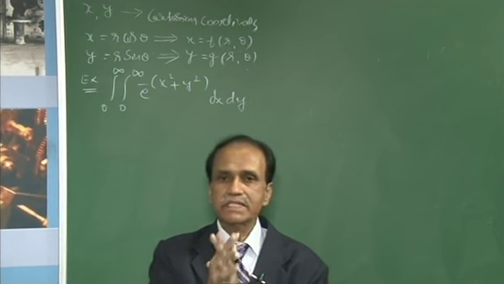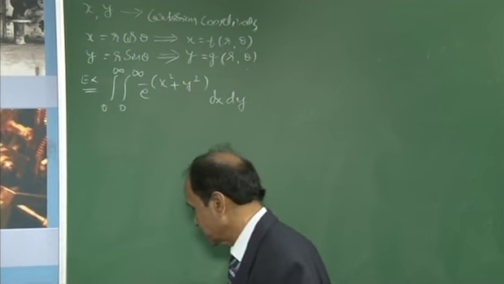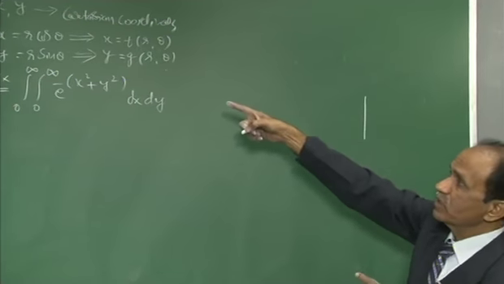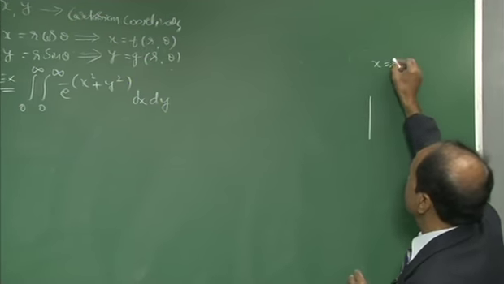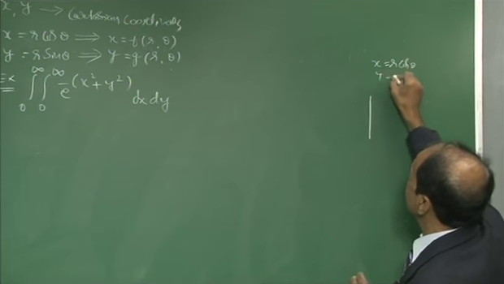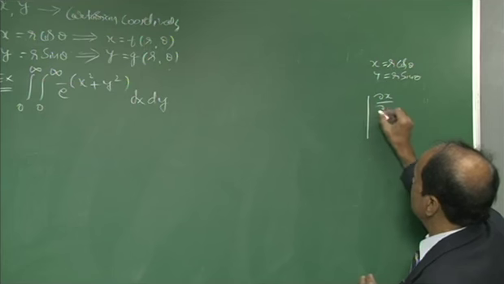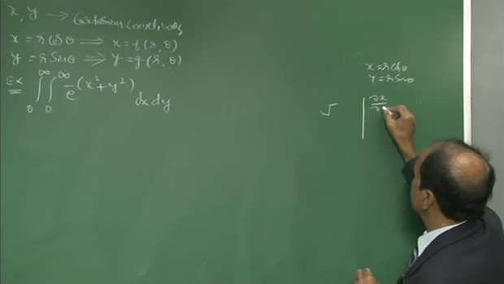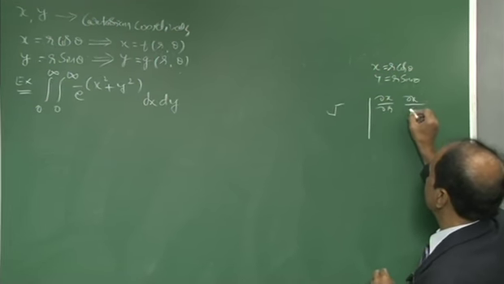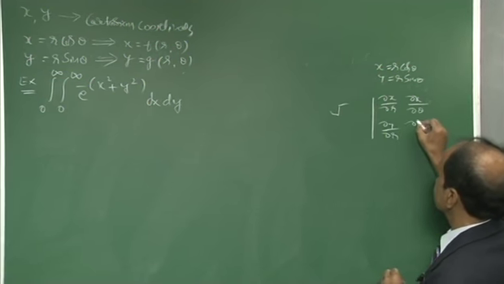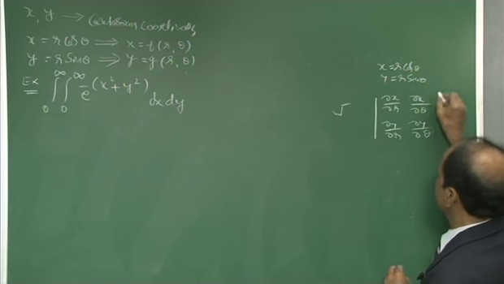You have studied one concept, the determinant of the partial derivatives, for the same polar coordinates, x equal to r cos theta and y equal to r sin theta, that is del x by del r, del x by del theta, del y by del r, del y by del theta.